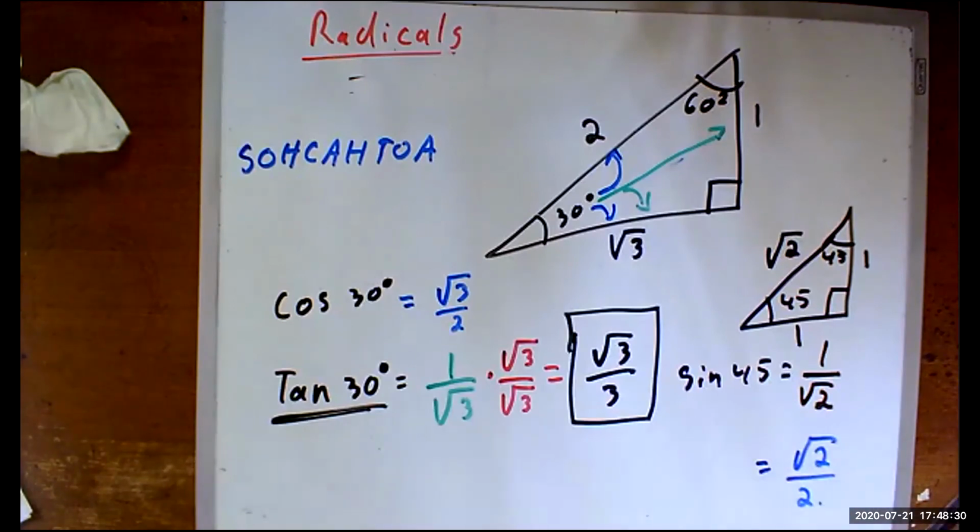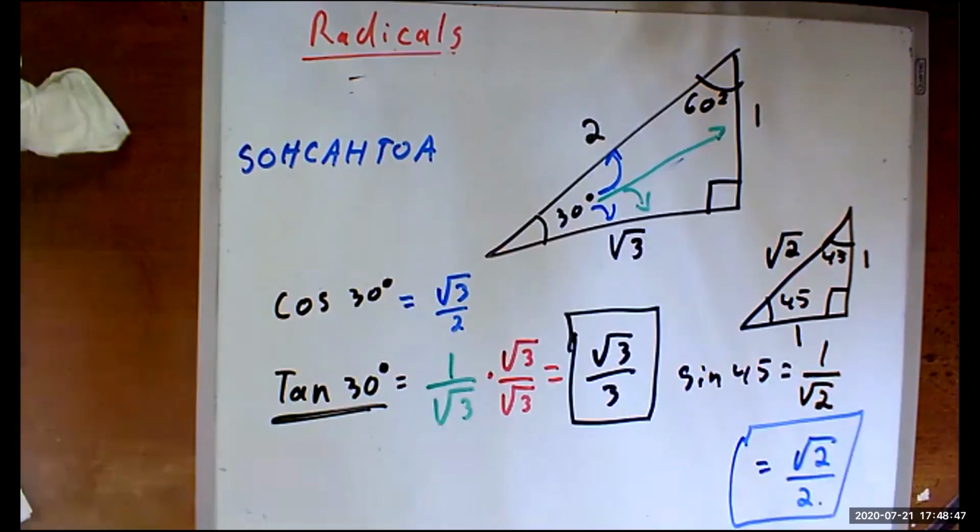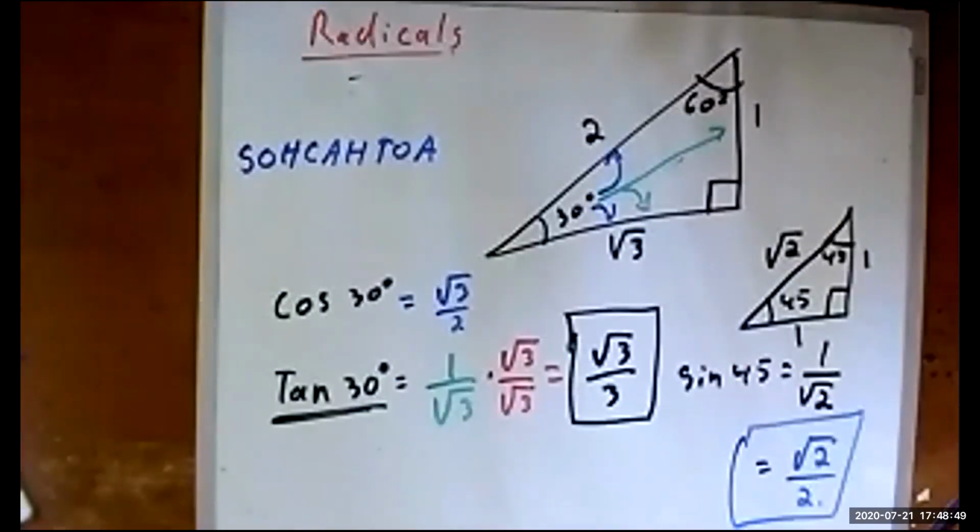Like that, and that's not how we want it. In the end, how we want it should be root 2 over 2. Okay.